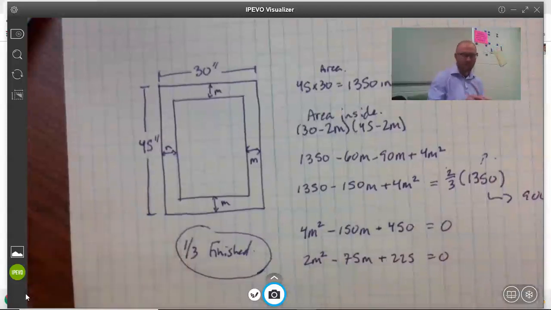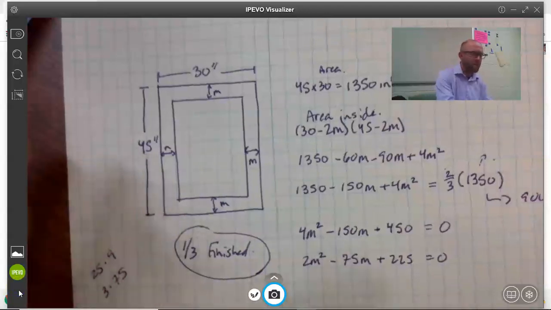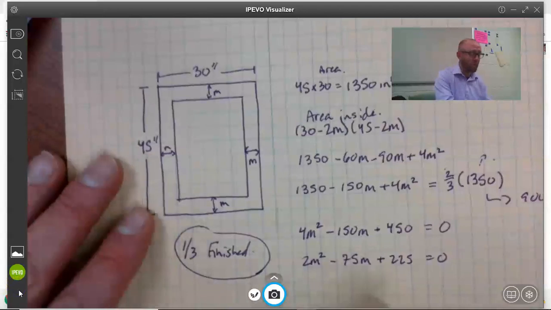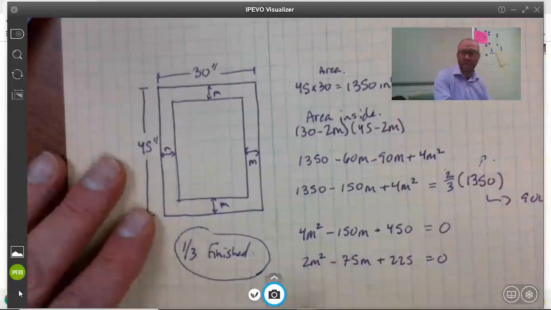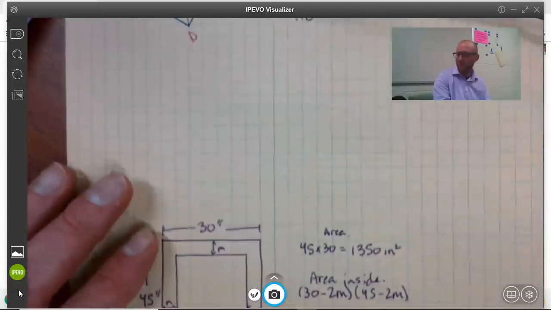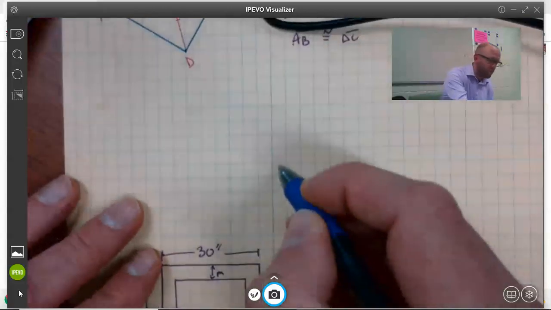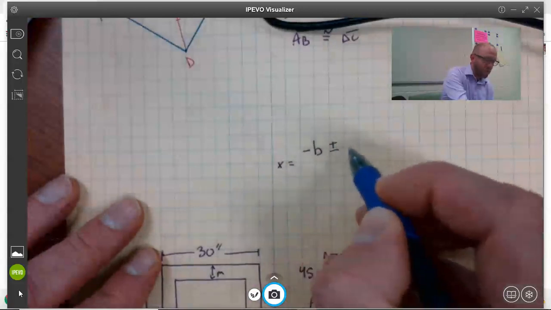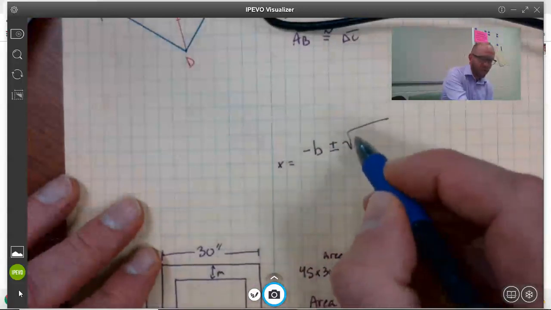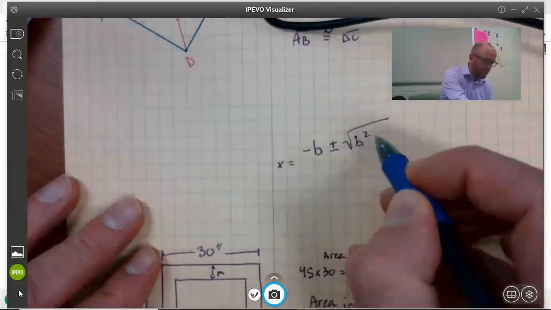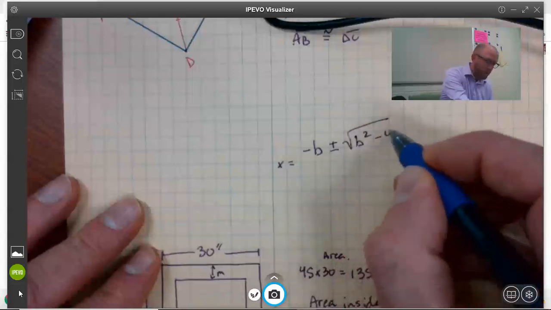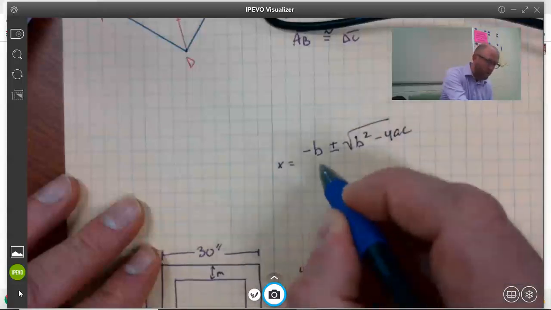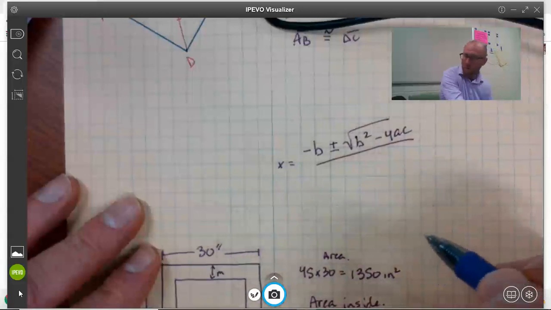So hold on a second here. All right, we're just going to use the quadratic formula here, and we're just going to plug everything in and get our solution. It's pretty straightforward. So the quadratic formula is: our solution equals negative b plus or minus the square root of b squared minus 4ac, over 2a.